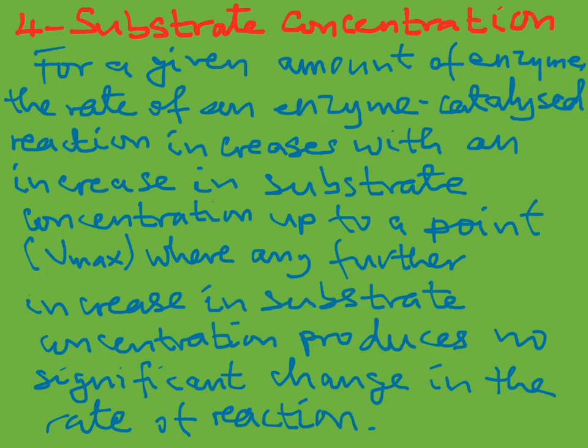And that's why we say that the enzyme catalyzed reaction increases with an increase in substrate concentration. Because if the active sites are available and the concentration of the substrate is low, the reaction will stop. But as soon as you increase the substrate concentration, the reaction now will continue in as much as the active sites are available.